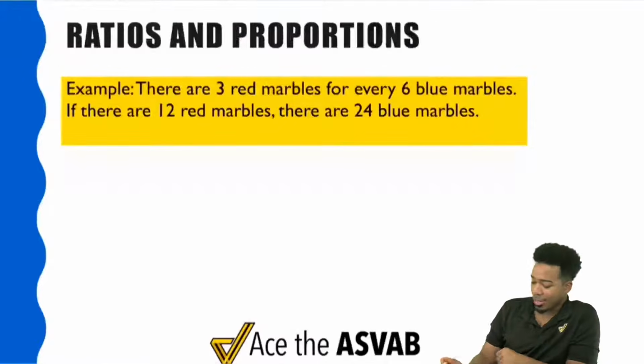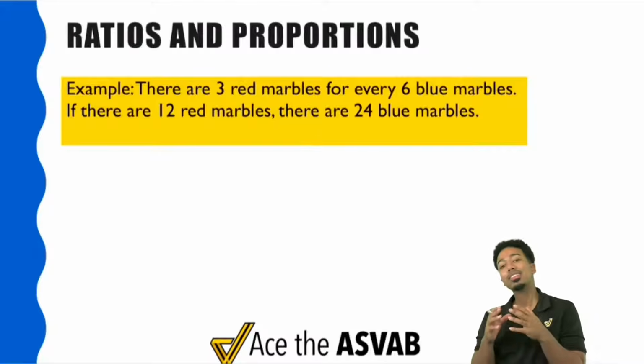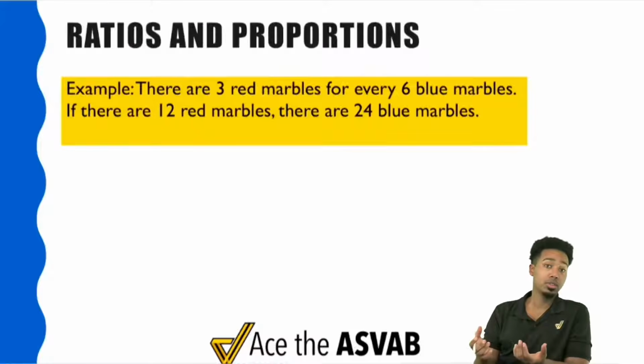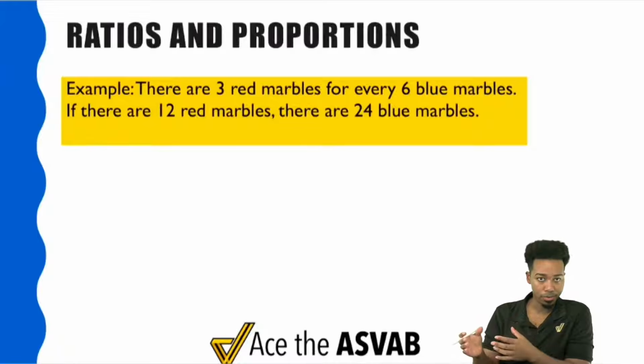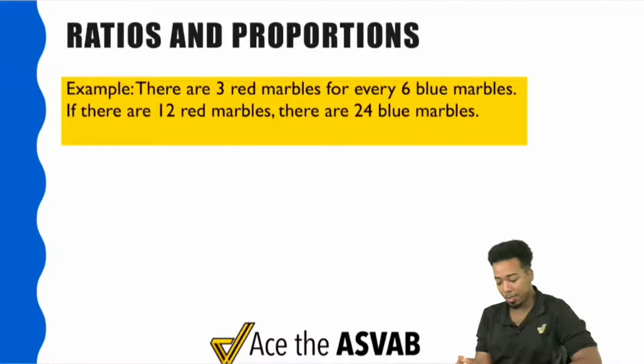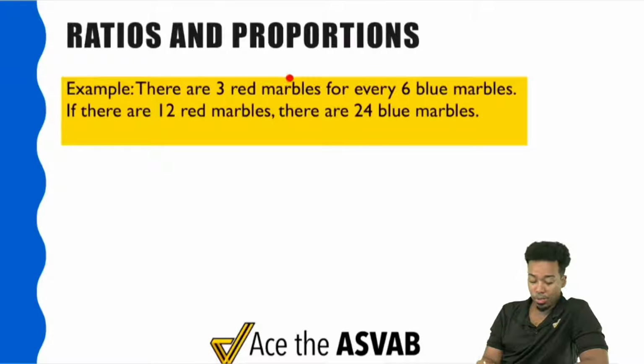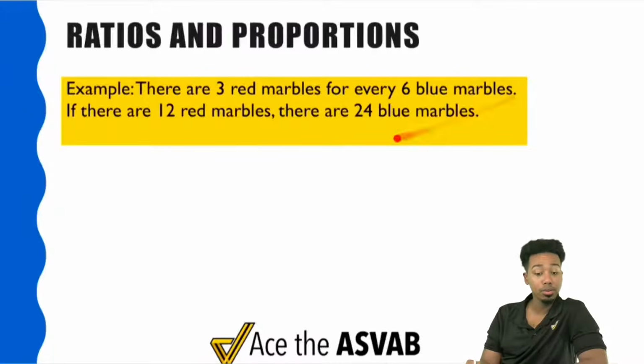All right, let's move on down and take a look at this example, because I'm going to set this proportion up and show you some of these tricks and strategies that you can apply to help yourself solve. The example here is this: there are 3 red marbles for every 6 blue marbles. If there are 12 red marbles, there are 24 blue marbles.